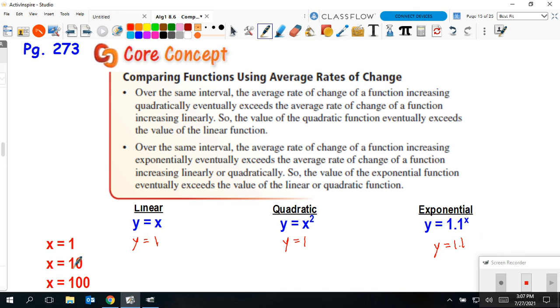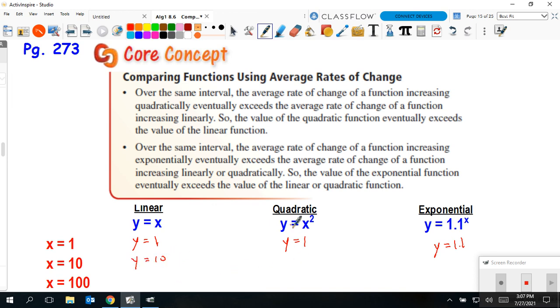But now let's make the x grow a little more. Now think of it as time, like let's say 1 day, 10 days, 100 days. And you can think of it in terms of money if you like, like if you have a savings account, a linear savings account, a quadratic savings account, and an exponential one. And there's 1 day of saving the money, 10 days, and 100 days. So if you plug in 10 here, you're going to get 10.